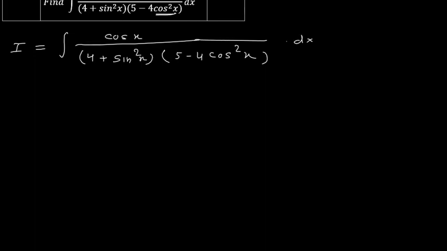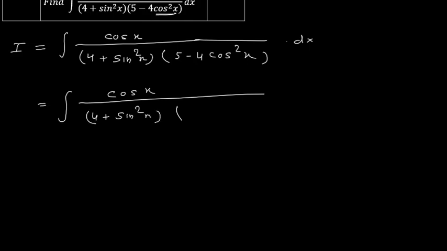So I will first convert this cos square x in terms of sin x. So it is cos x divided by 4 plus sin square x, and here it is 5 minus 4 times, inside I will write 1 minus sin square x.